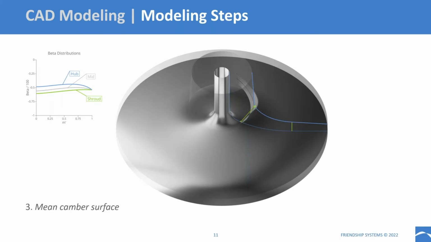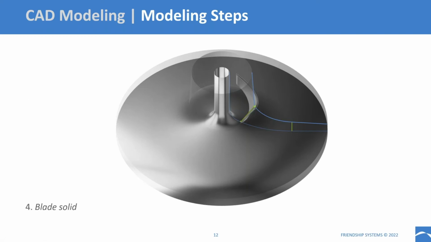There are different approaches to do that, but in this case, we used blade angle distributions, which basically define how the angle of the blade is changing, going from the leading to the trailing edge of the blade. And we used 3 sections at the hub, at the shroud, and in the middle. And with these 3 curves, we can create the mean camber surface.